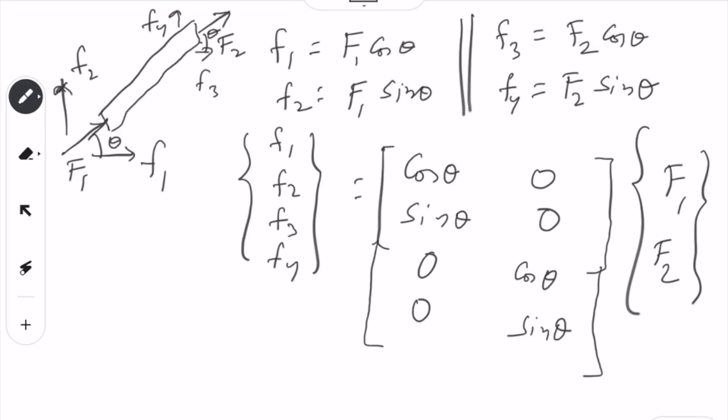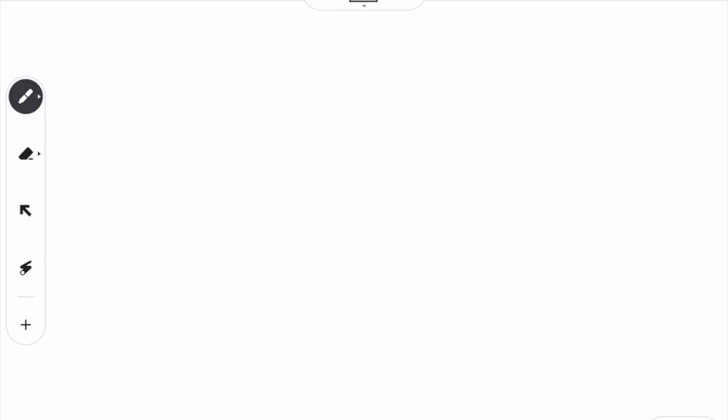Let's say you are given f1 and f2. If you are given f1 and f2 and you have to reconstruct F1, how will you find out? What we want to find out is the other way around.